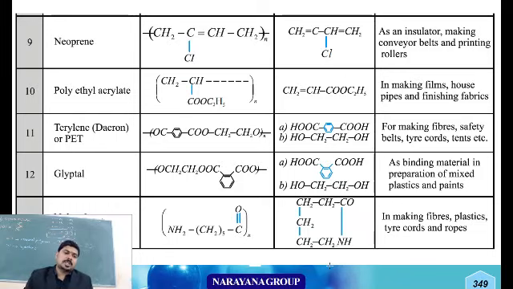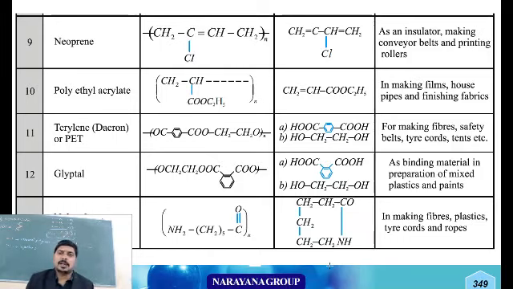Already I have shown the structure in nylon 2, nylon 6, aminocaproic acid. That aminocaproic acid is present in a cyclic form that is called caprolactam. Cyclic amide is called lactam. So this caprolactam acts as a monomer and upon polymerization we get what is called nylon 6.